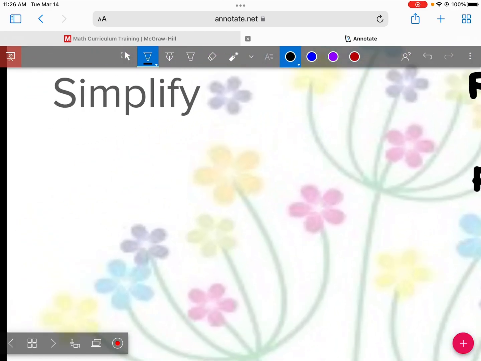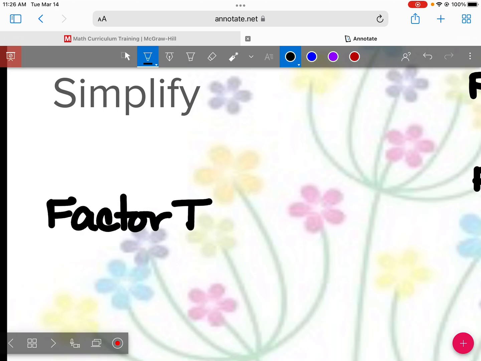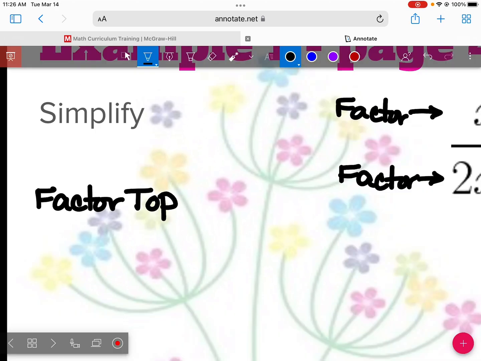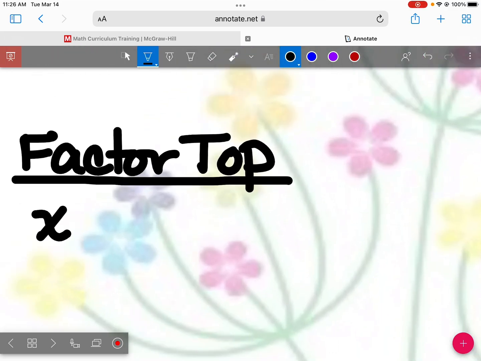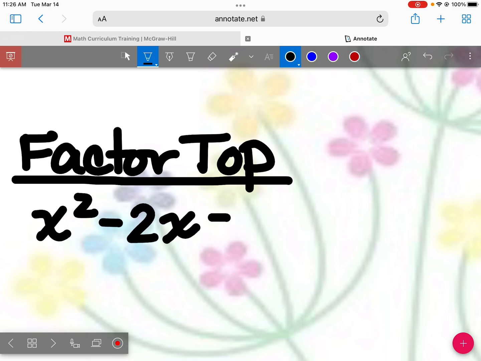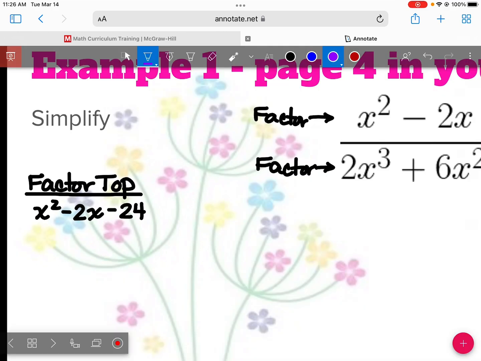All right, so let's come off to the side. We're going to factor the top. My numerator up there is x squared minus 2x minus 24. When we're factoring, what's the first thing we always look for?